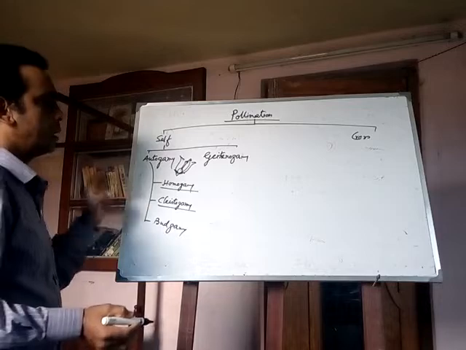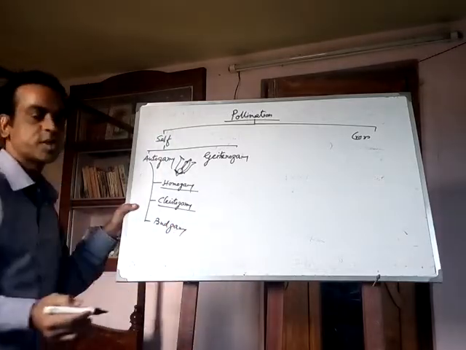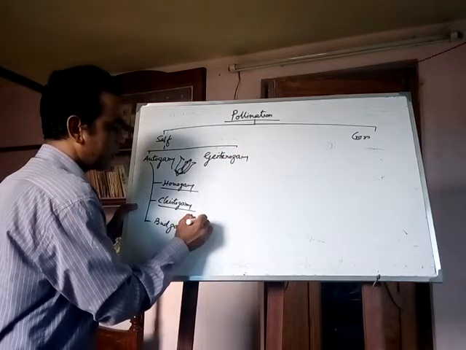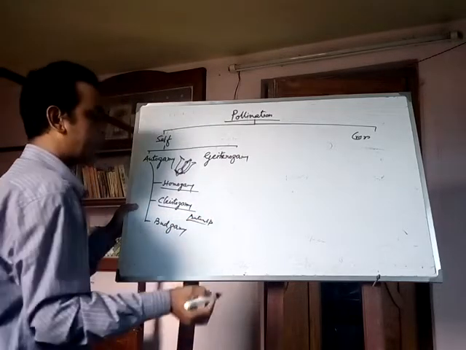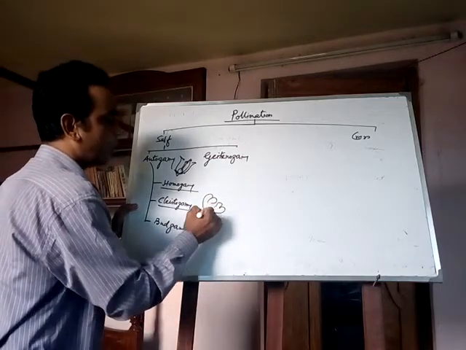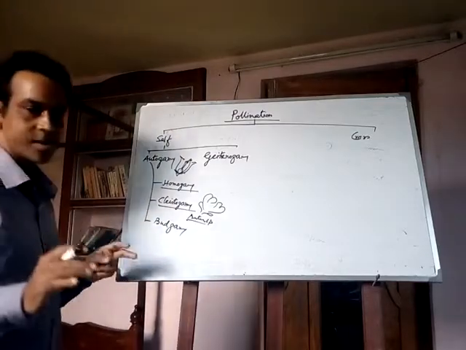And cleistogamous pollination is present here, as in Commelina and Viola species of plants, where the corolla of the flowers is not exposed widely.